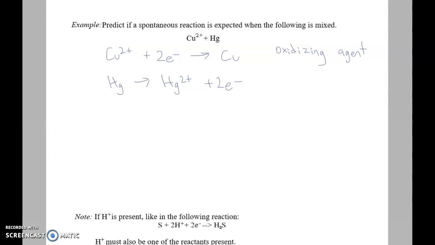And as we can see, mercury loses 2 electrons, which means it undergoes oxidation, which means it's the reducing agent. And if you check on the table, you'll see that mercury is higher up on the table than copper. And this means that no spontaneous reaction occurs, or there's no reaction.